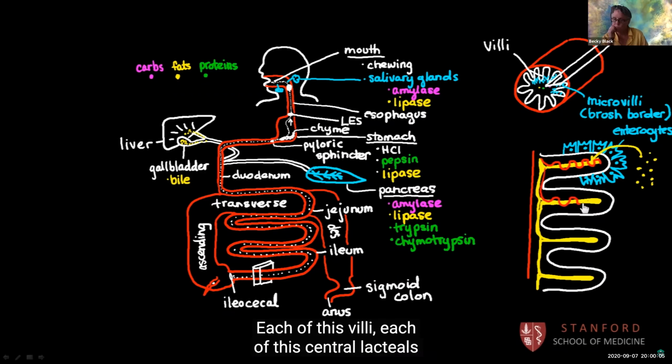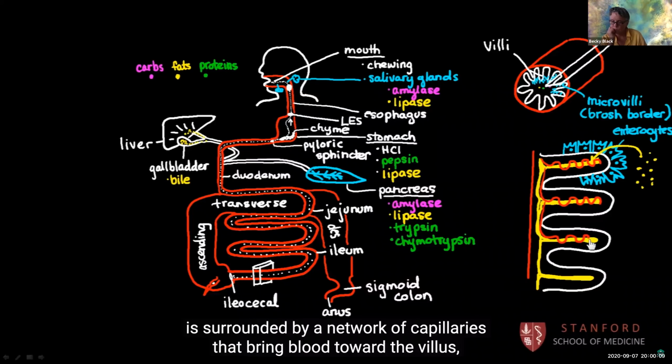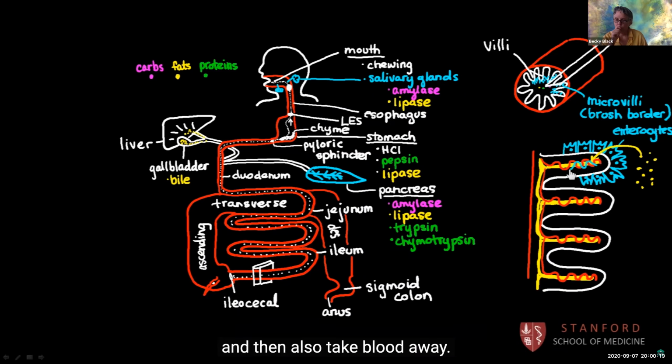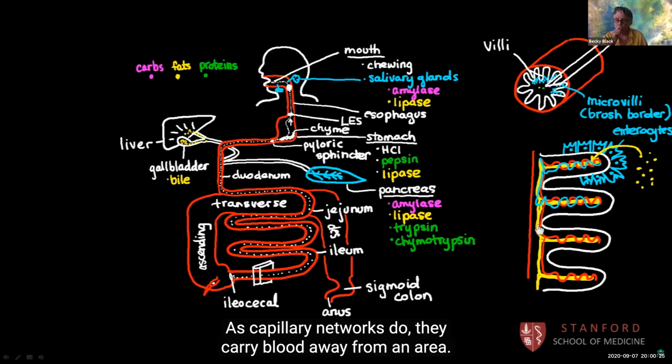Now, there's also in each of these villi a little capillary network. So each of these central lacteals is surrounded by a network of capillaries that bring blood toward the villus and then also take blood away. As capillary networks do, they carry blood away from an area.